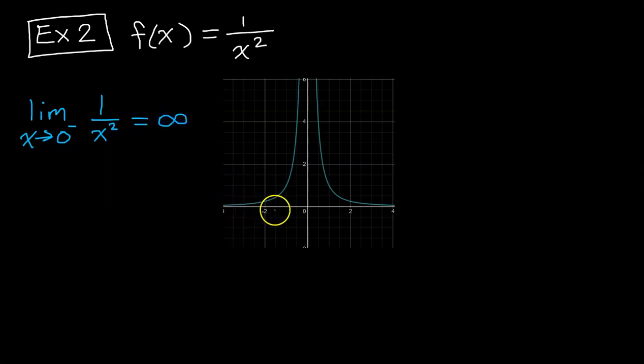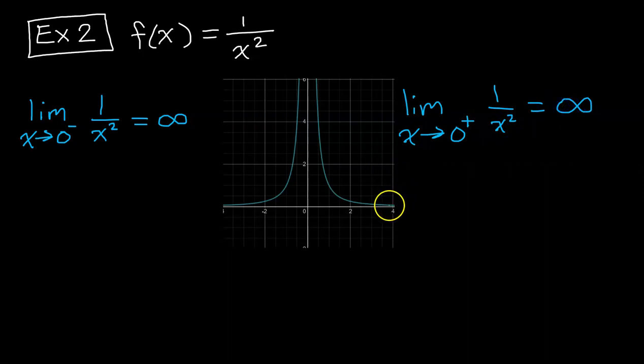So as x approaches 0 from the left, the function increases without bound. And we could say that the limit as x approaches 0 from the right of 1 over x squared is also equal to positive infinity. In other words, as x approaches 0 from the right, the function increases without bound.